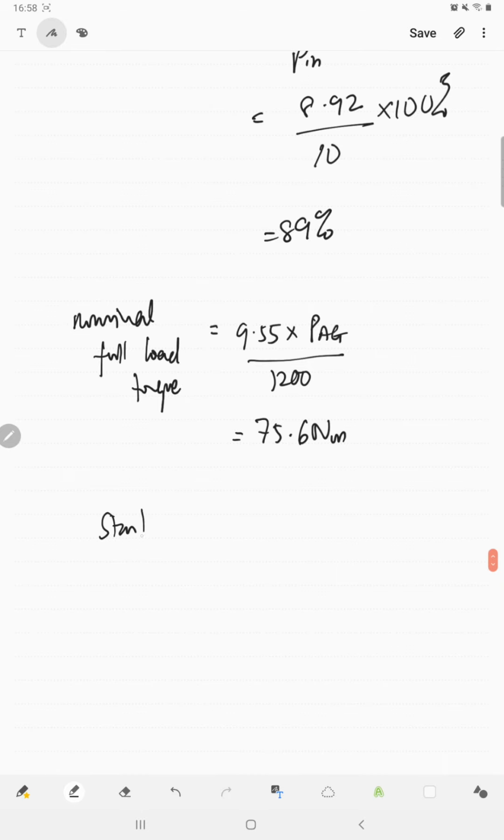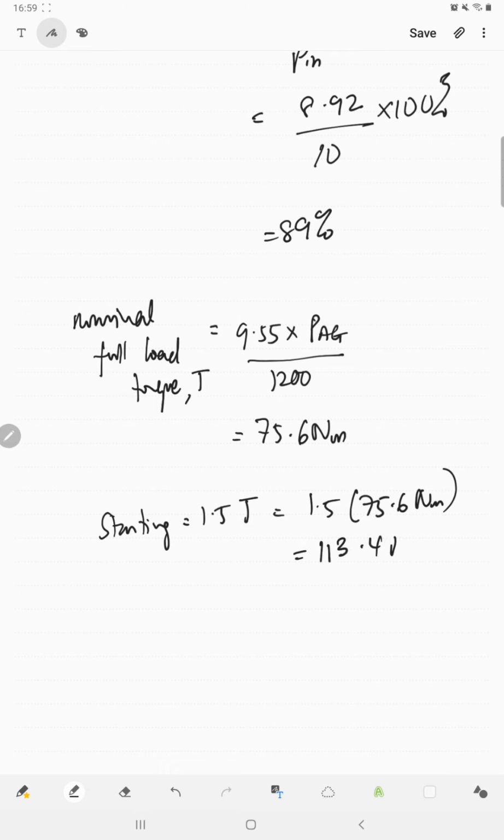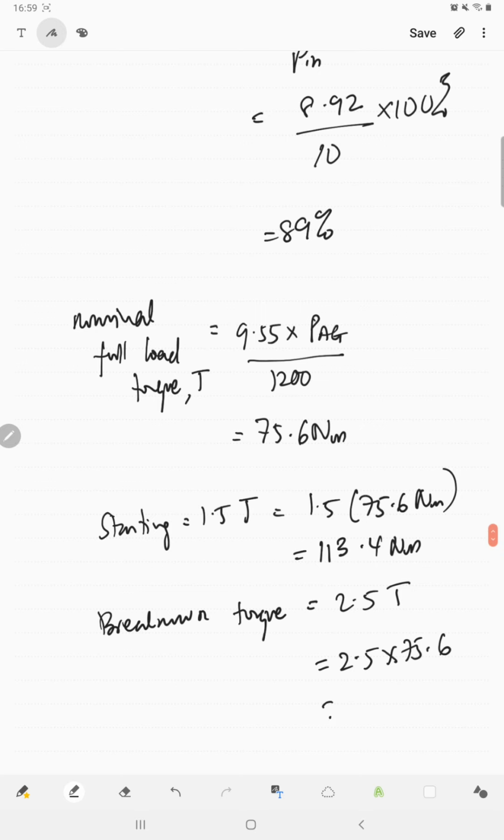So the starting torque must be 1.5 times this torque. It is 1.5 times 75.6 Newton meter, and this is 113.4 Newton meter. And then the breakdown torque is 2.5 times this torque, which is 2.5 times 75.6, which is 189 Newton meter.